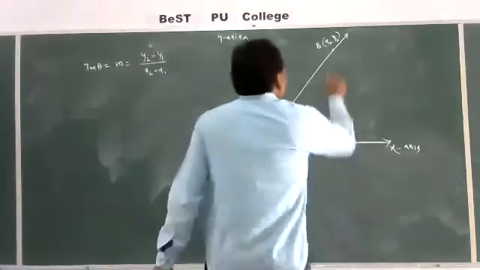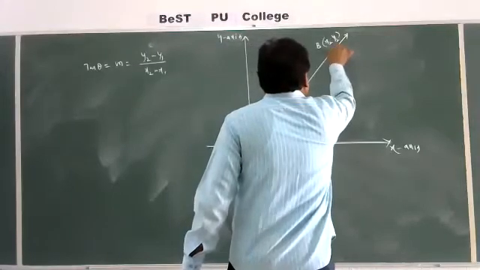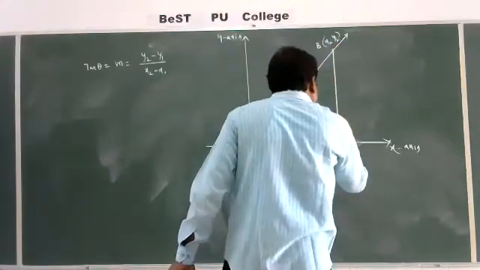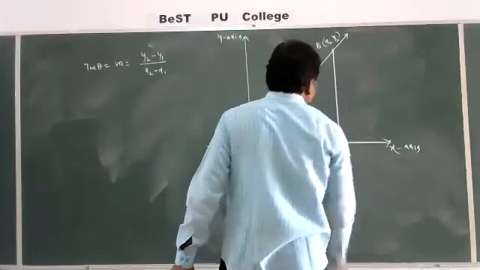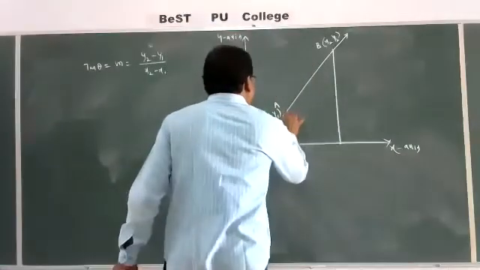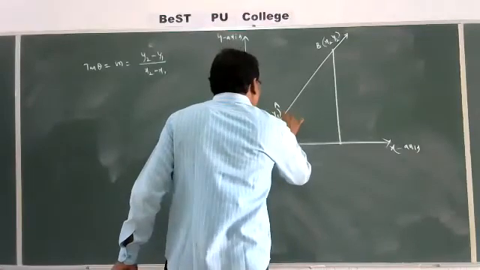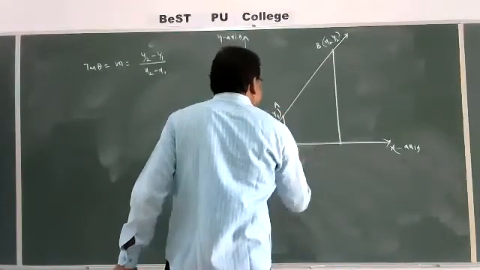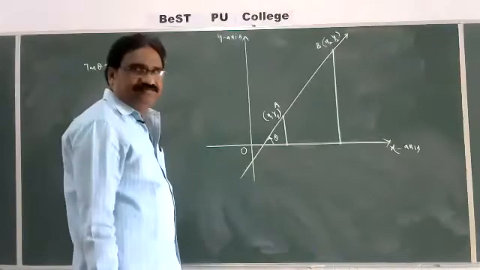You make a perpendicular line from B to x-axis. It meets the x-axis at one point. Here also you make a perpendicular line from A to x-axis. It meets the x-axis at one point.